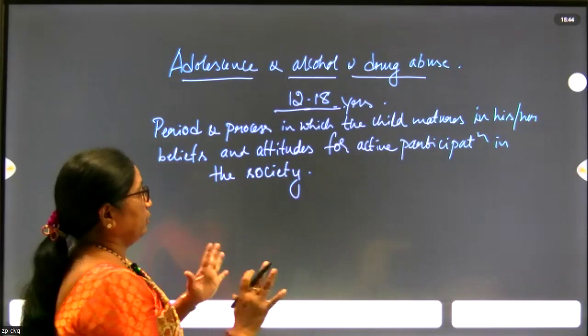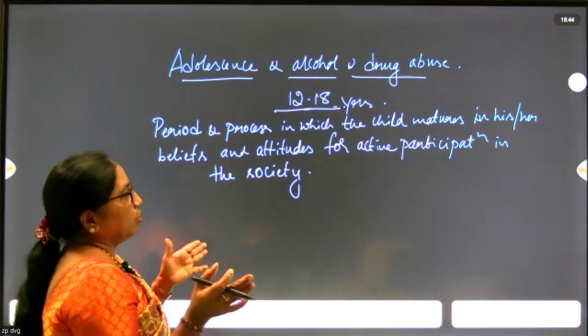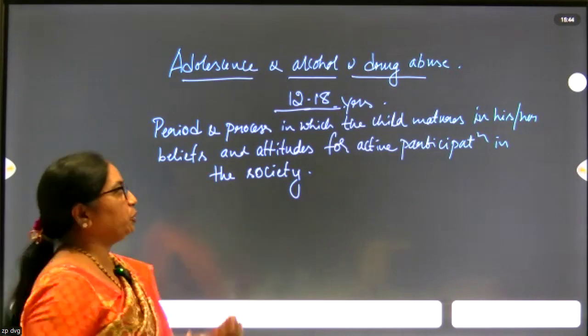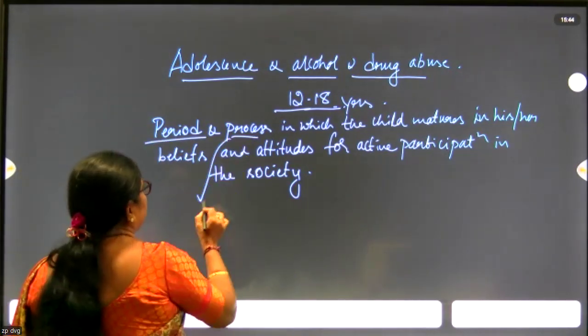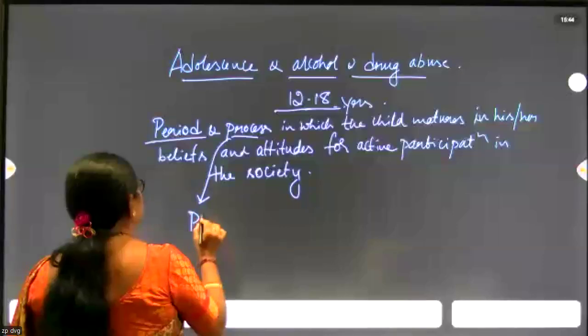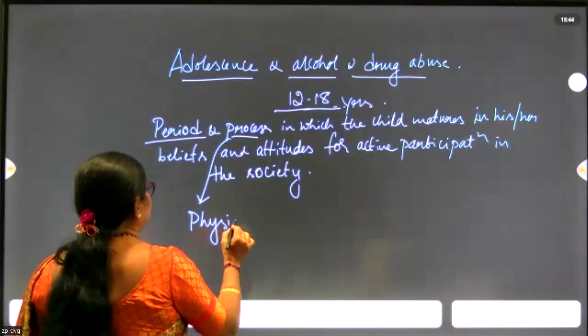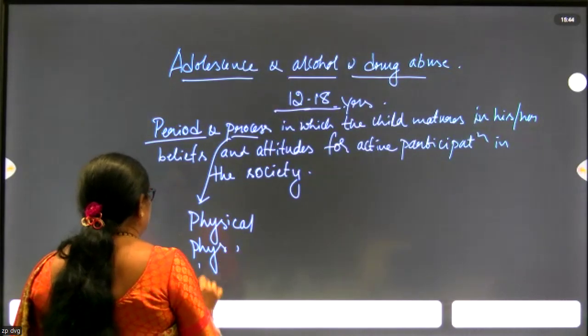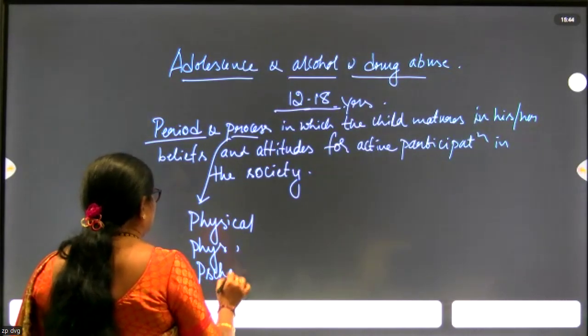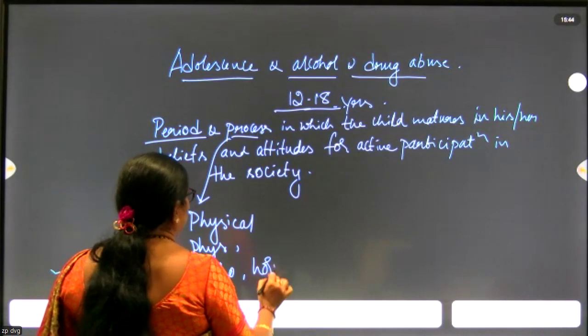Period is the age in between 12 to 18, you call it the period. The process is, during this process, there will be a lot of changes in the body, physical changes, physiological changes, then also psychological changes, then also hormonal changes.